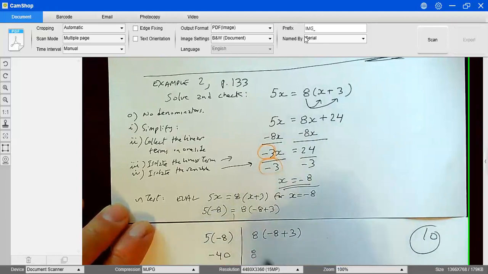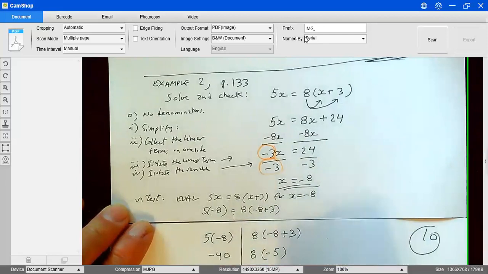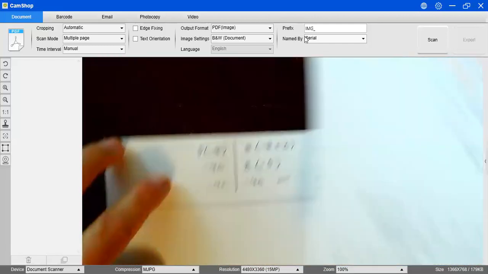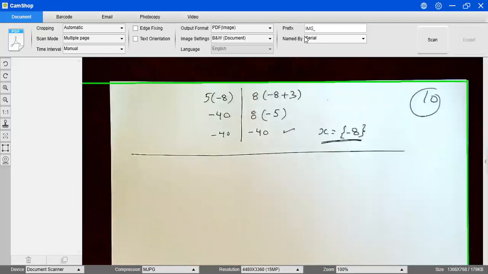Here I have 8 times negative 5, so it's going to be negative 40. Negative 40 is equal to negative 40, so that's a true statement. So the solution is x equals negative 8.